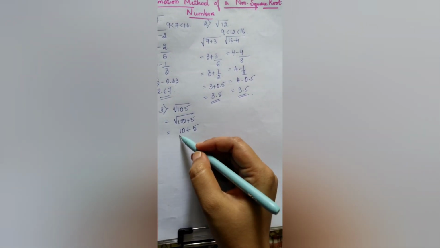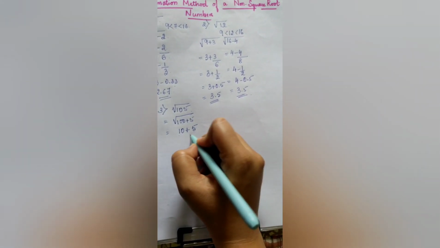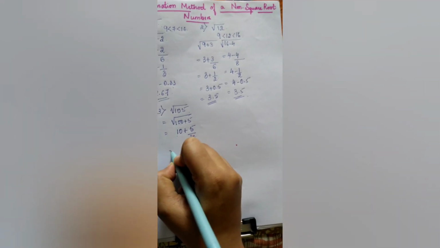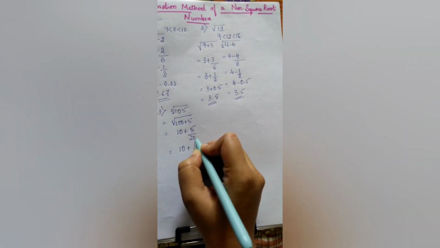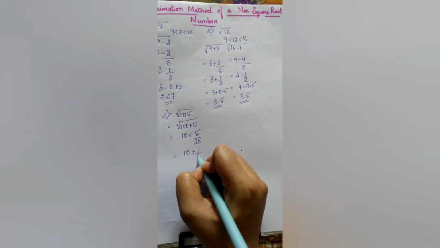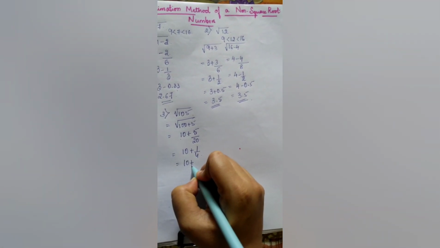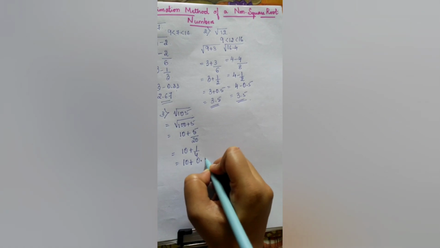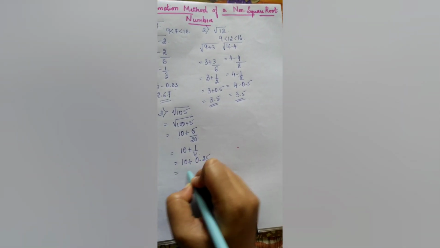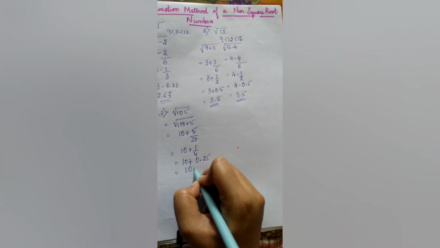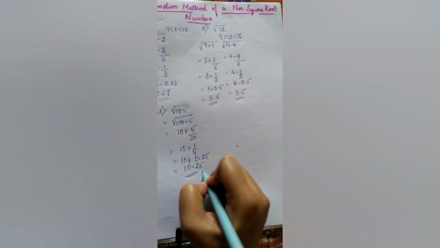So what is the double of this number? The double of this number is 20. So 10 plus 5 by 20 is nothing but 1 by 4. So 10 plus 1 by 4 is 0.25, which is nothing but 10.25.